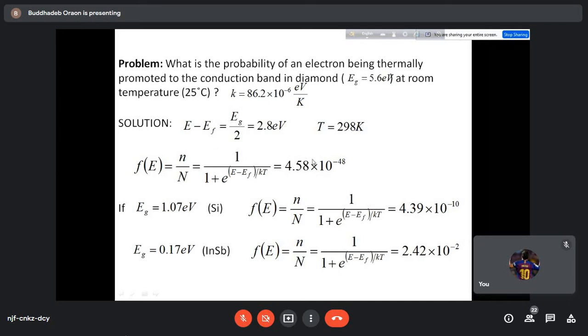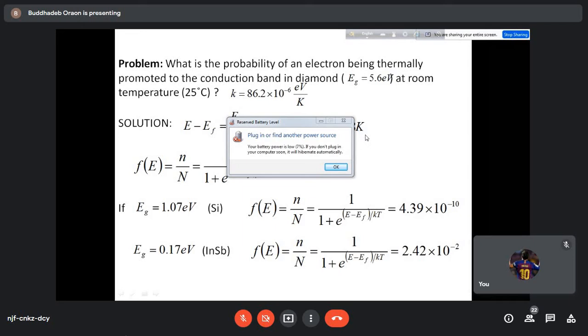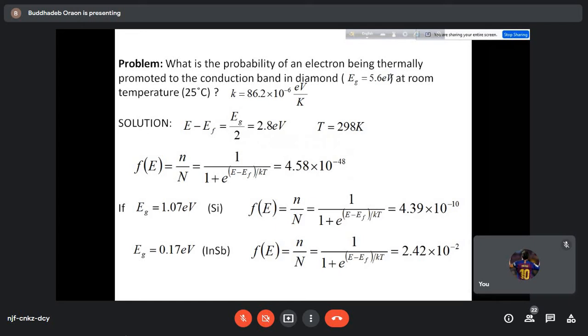This is the chance, and it is a very, very small chance that an electron from the valence band will go to the conduction band in case of diamond, because it has a comparatively very large energy gap. So probably no electron will move from valence band to conduction band. That is the idea that this numerical value gives.